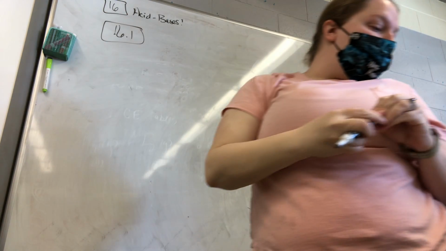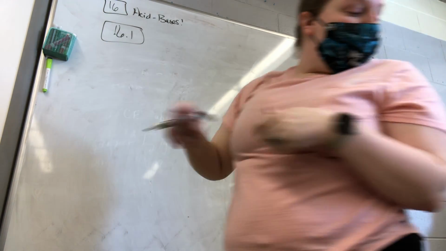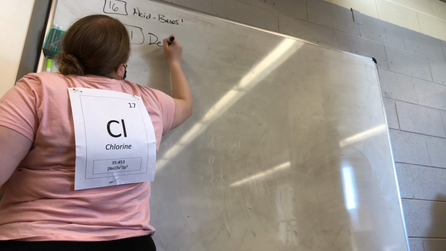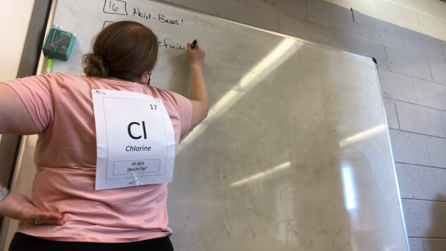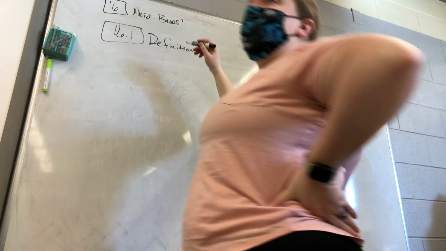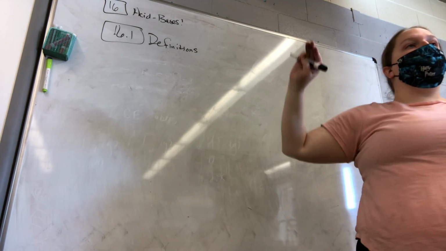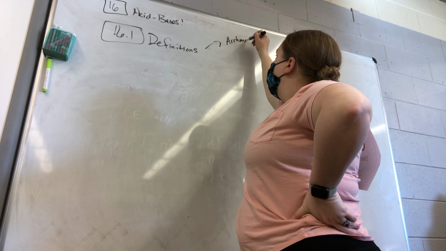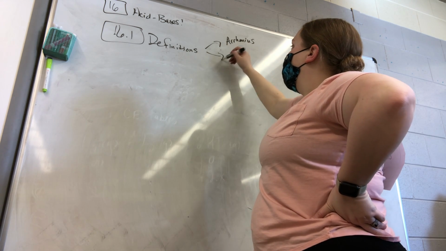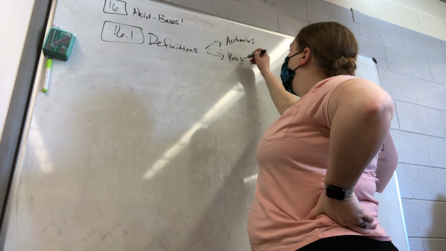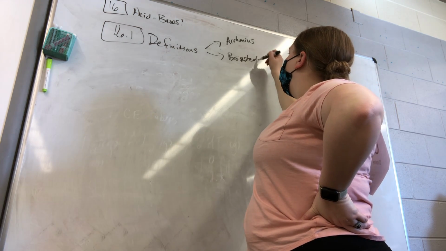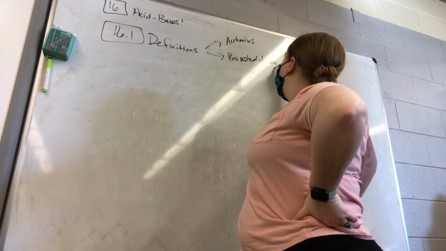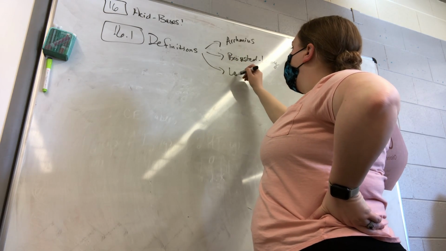The first section of chapter 16 deals with definitions. I will remind you that in chapter 16 we introduced all of the different acid-base definitions. We talked about Arrhenius, we talked about Bronsted-Lowry, and we talked about Lewis.